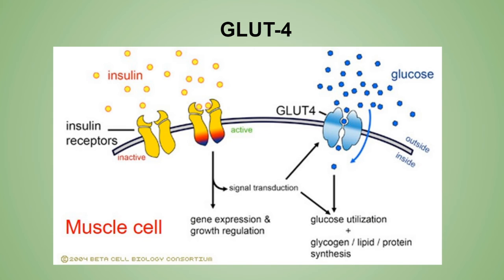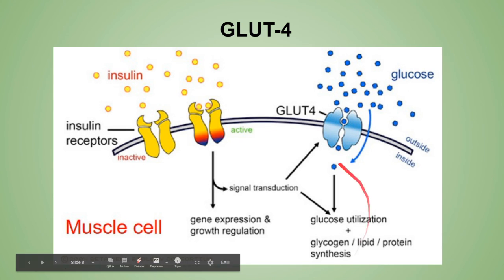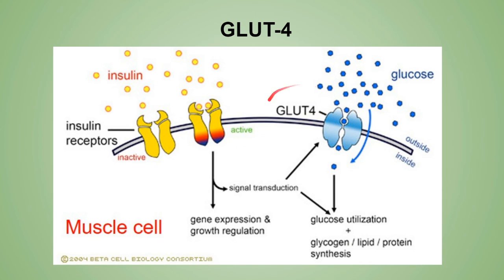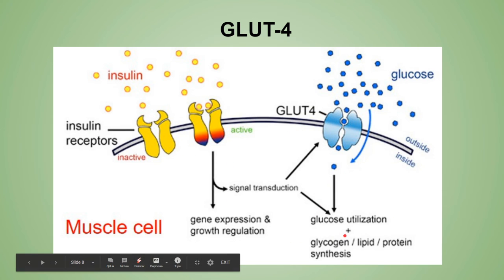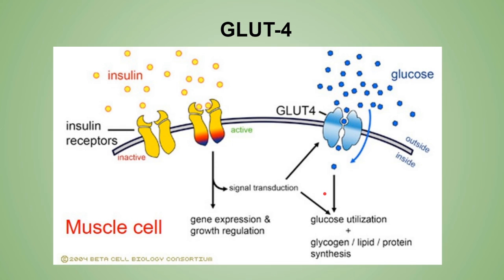Insulin induces the intracellular GLUT4 to come out and be present on the cell surface, so that GLUT4 takes the excess glucose from the bloodstream into the muscle. It will reduce the amount of glucose in the blood, and this GLUT4 is induced by the insulin, or we can say it is in control of the insulin.